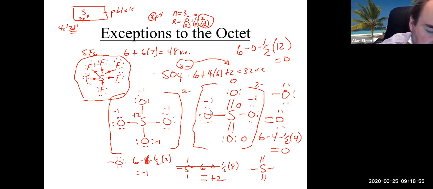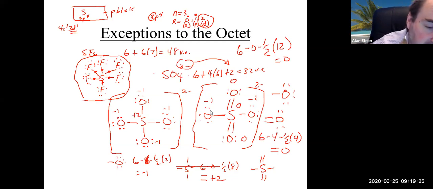So if you ended up with these two structures, or drew these two structures based on formal charge, which one would be the correct one, do you think? Should it be the one on the left or the one on the right? The better structure is actually going to be the one on the right, where we double bonded. Again, we can see that we have 3 zeros in terms of formal charge, and we have the -1s on the oxygen, which is really good.